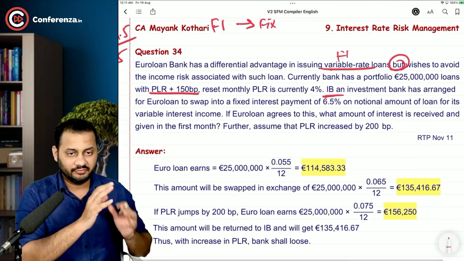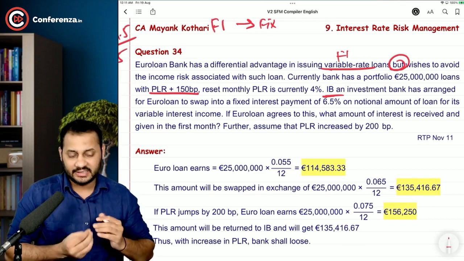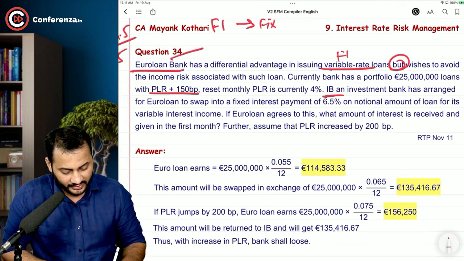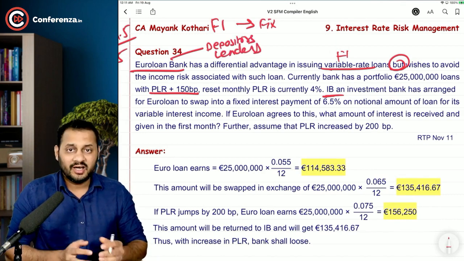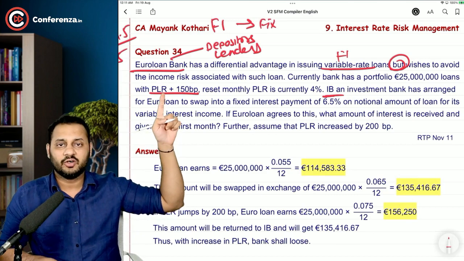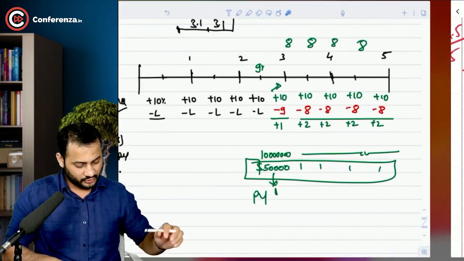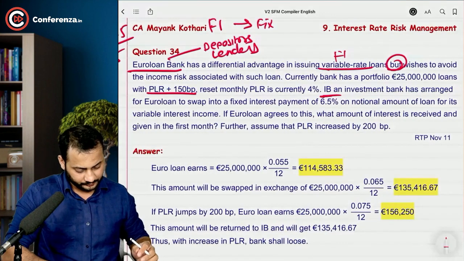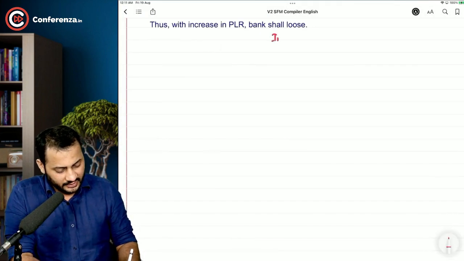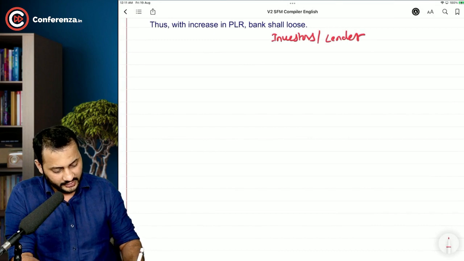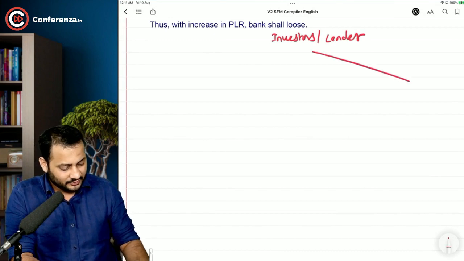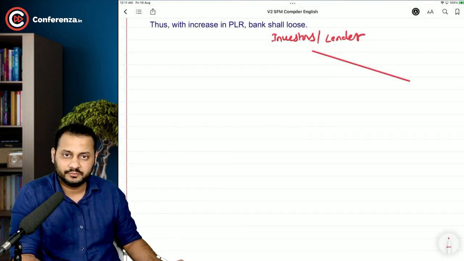See, now this is a very interesting question, because in this case we are not the borrower, we are the investors, or we can say depositors or lenders. So we are earning this much of the interest right now. So let's focus on this. Since we are the investors, or we can say lenders right now, the risk to us is the fall in the interest rate.